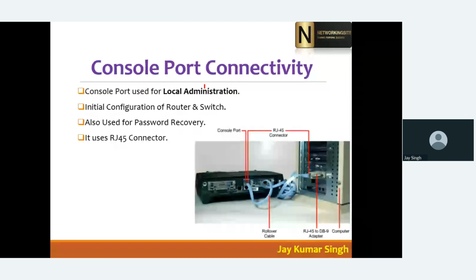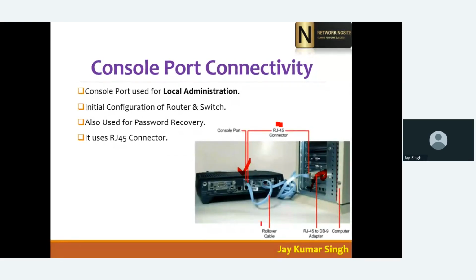Now here we have console port connectivity information. As I told you, whenever you want to use console port connectivity between your router and system, your system must have a COM port. If you have a COM port on your desktop, you connect the cable coming out to the console cable.